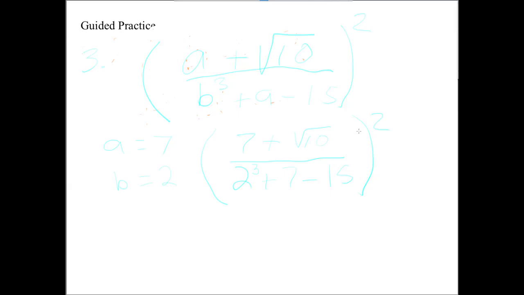So now as we want to try to put this in the calculator, you've got to really pay attention to what's happening when, because there is this order of operations to it. So the first thing you would do is put in 7 plus the square root of 10. You're going to put that in parentheses on your calculator.